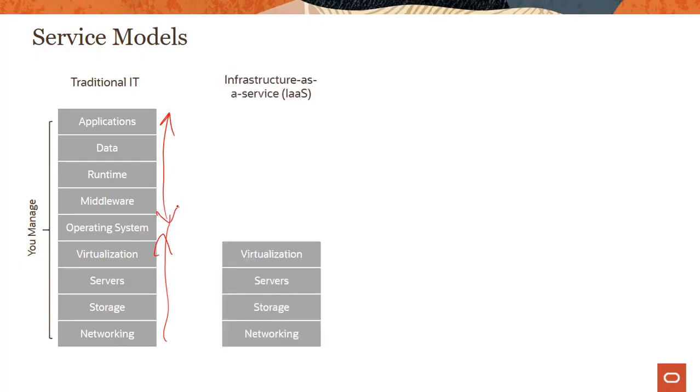The first model, which we'll talk about in a lot more detail subsequently, is infrastructure as a service, sometimes also referred to as IaaS. In this particular model, the cloud provider manages the core infrastructure. What that means is the cloud provider has data centers, the physical infrastructure, the servers, the networks, the storage machines, and even the virtualization layer is all managed by the cloud provider and delivered as a service.